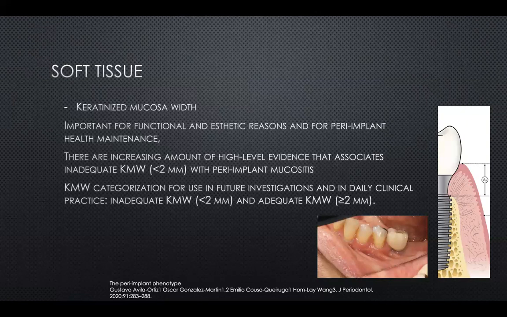So if we don't have enough keratinized tissue around our implants, it will be more prone to peri-implant mucositis and peri-implantitis and plaque accumulation and difficulty cleaning as well. So 2 millimeters is our limit. If it's less than 2 millimeters, it's considered inadequate. And if it's more than 2 millimeters, it's considered adequate.